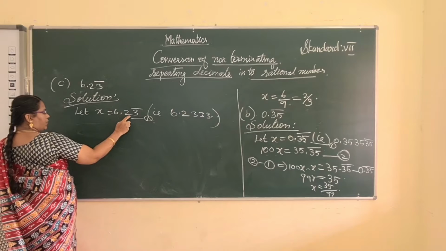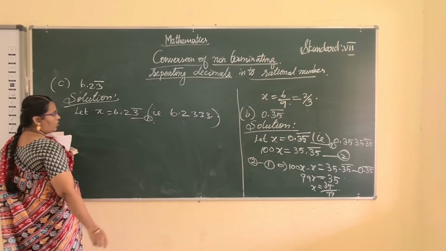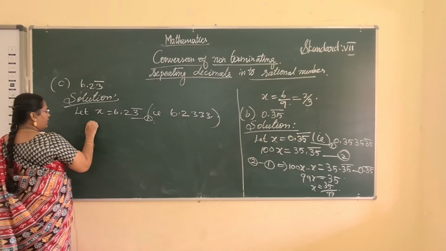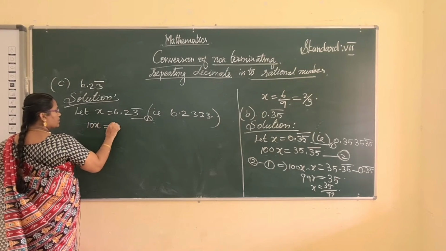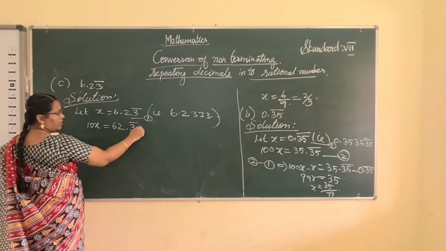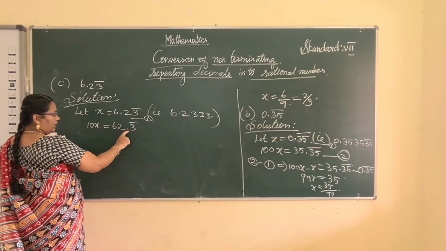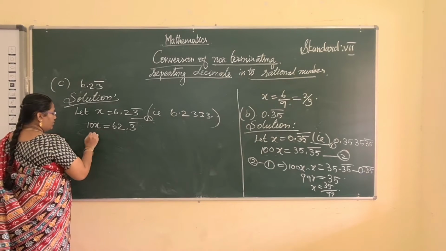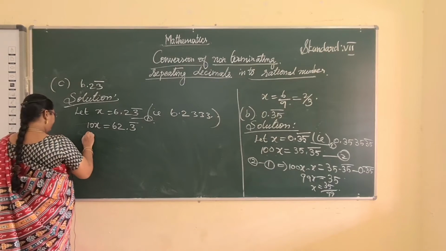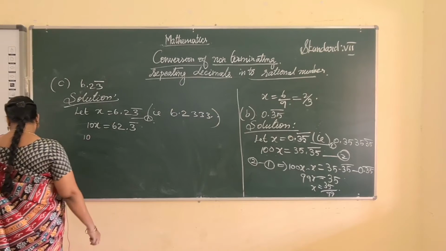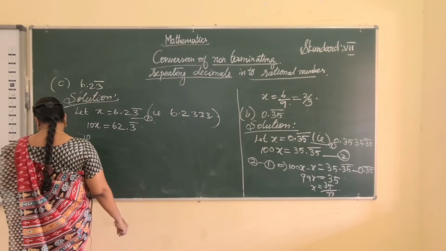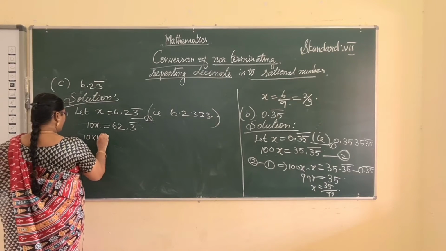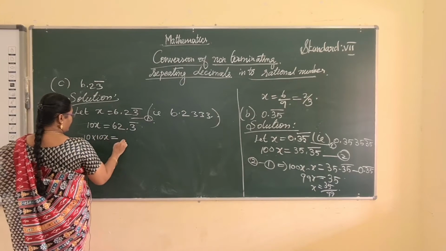Now there is a non-recurring digit after the decimal point, so multiply by 10 first to get 62.3 bar. Now the decimal point is right before the recurring number. Multiply again by 10.